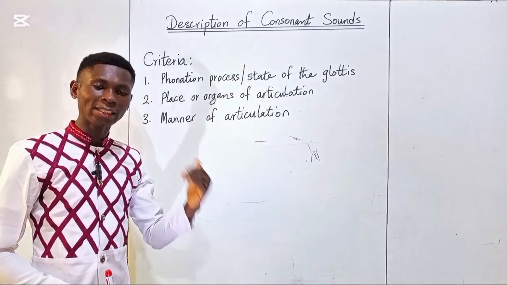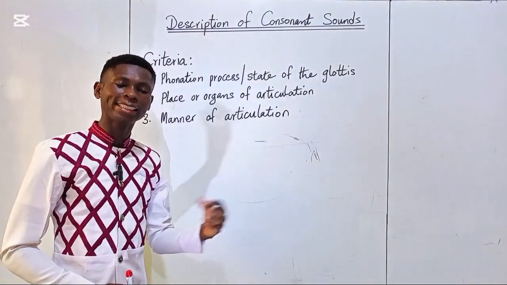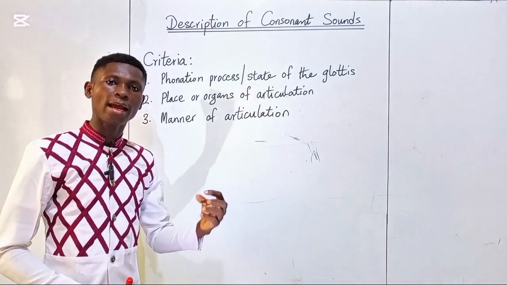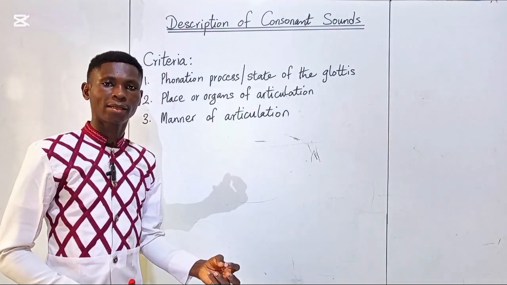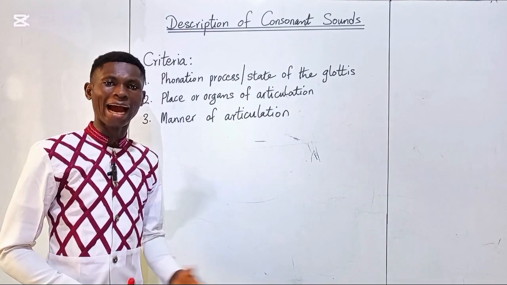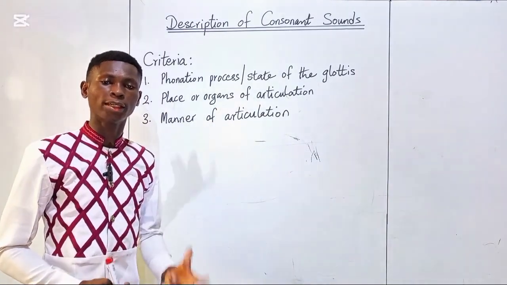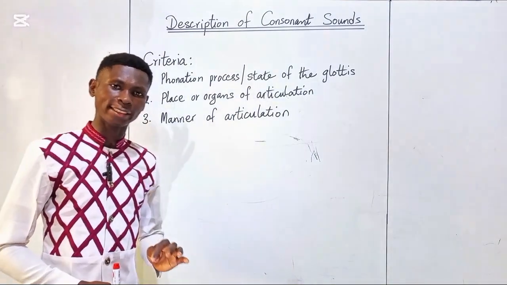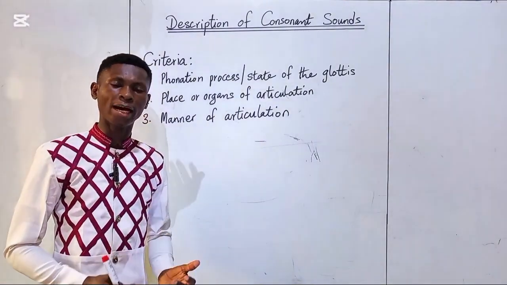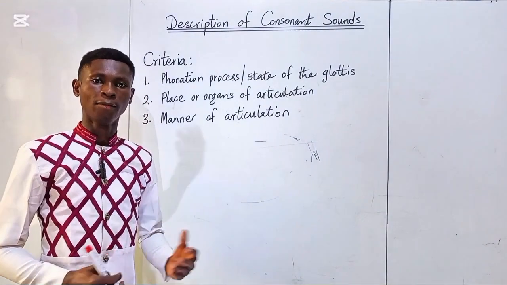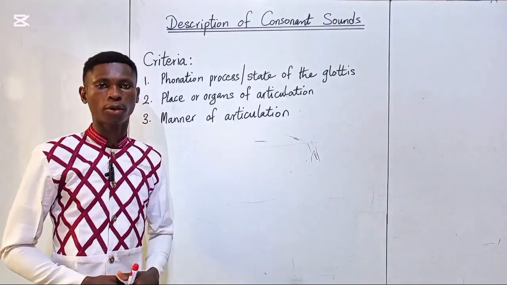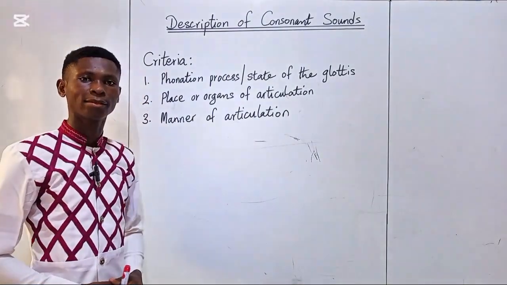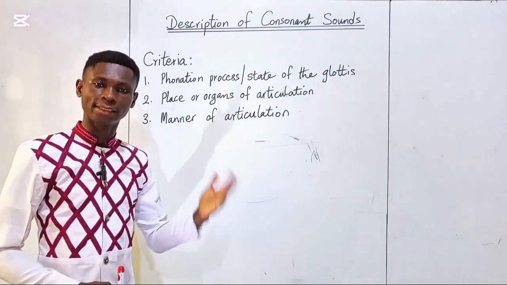So those consonant sounds articulated with vibration in the vocal cord are known as voiced sounds, and those articulated or produced without vibration in the vocal cord are known as voiceless sounds.